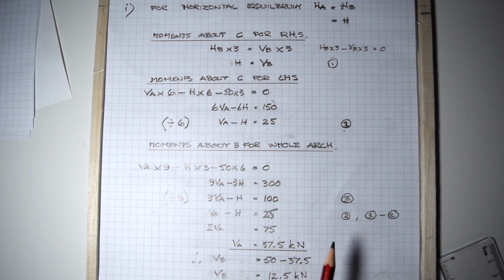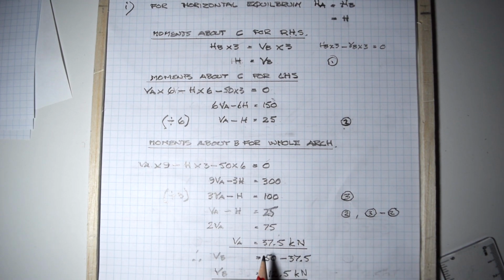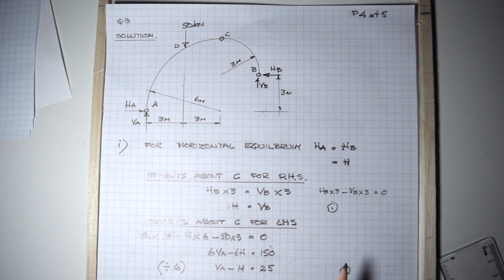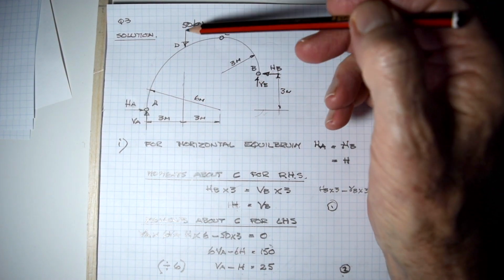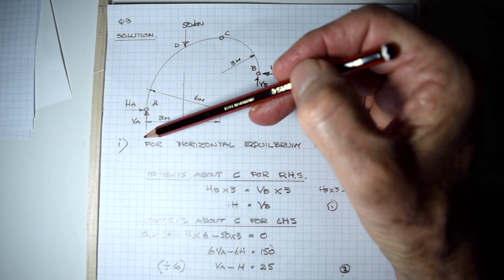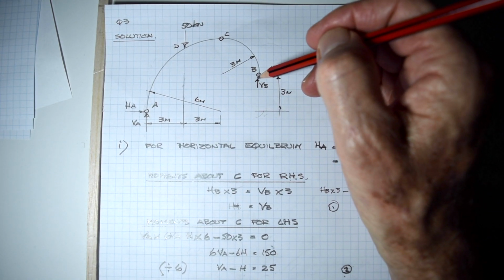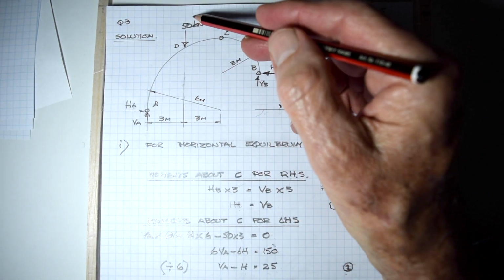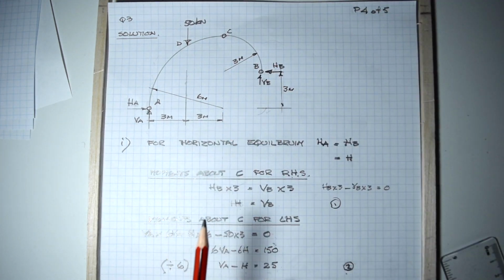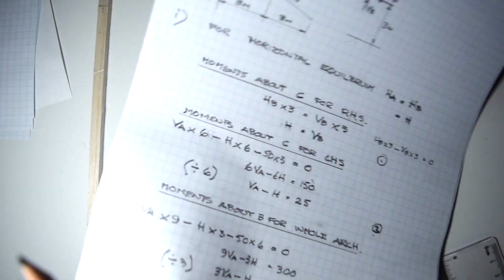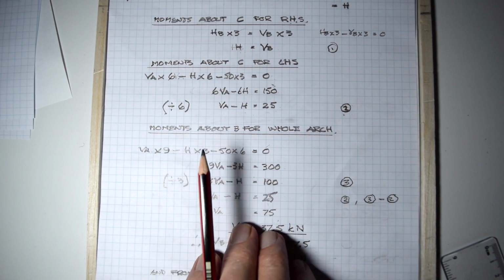And from that, we can assume that if VA is 37.5, then VB has to be the difference between 37.5 and 50 kilonewtons, because we want vertical equilibrium. If VA is 37.5 going up, then VB must be 12.5 going up, because the sum of those must equal that load. And so we've answered the first part of the question.